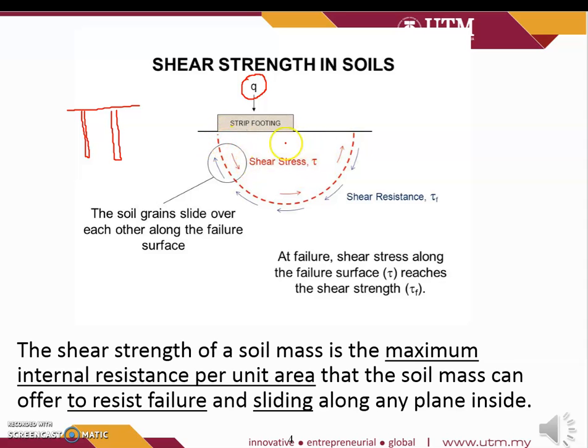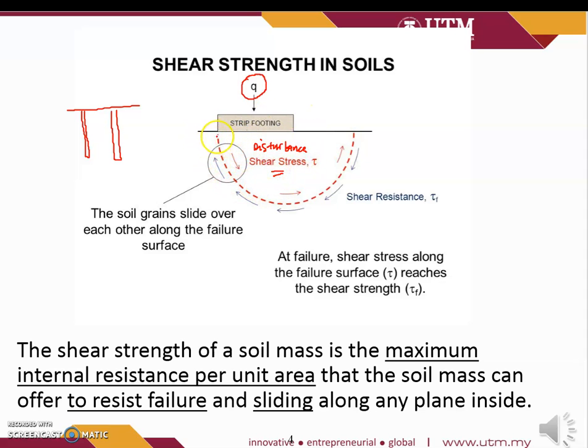When they bear the load from the building, the ground that supports the foundation is actually affected. The original equilibrium of the ground is changed, and it might induce shear stress. So this is a disturbance of shear stress due to the loading, or due to the building on top of the ground.